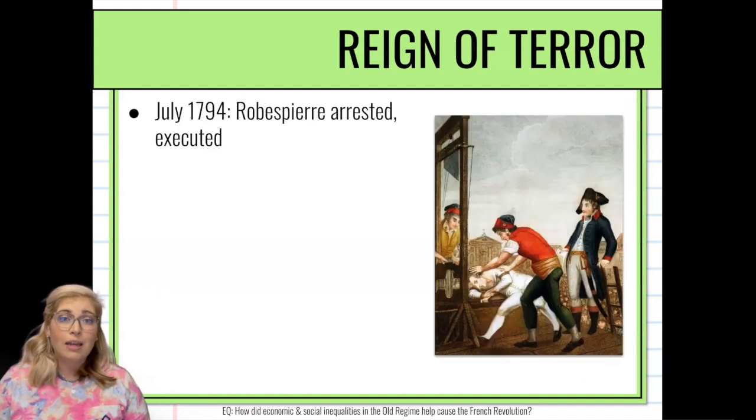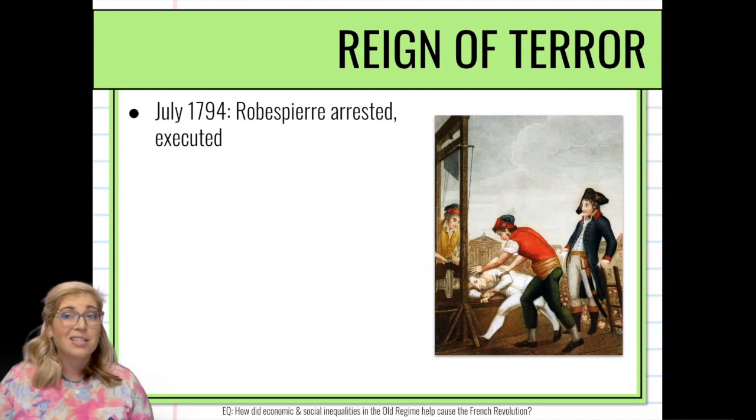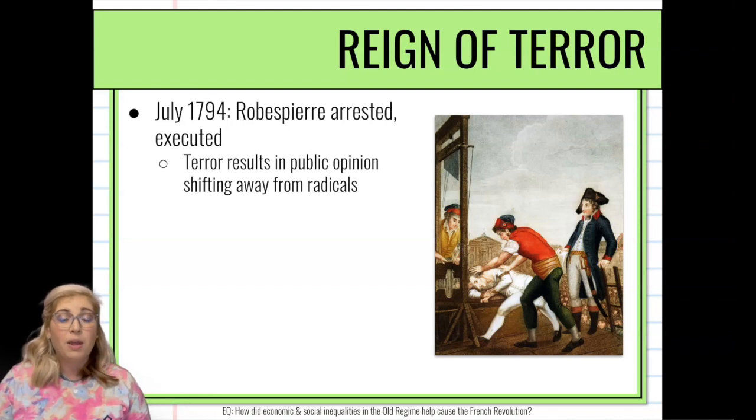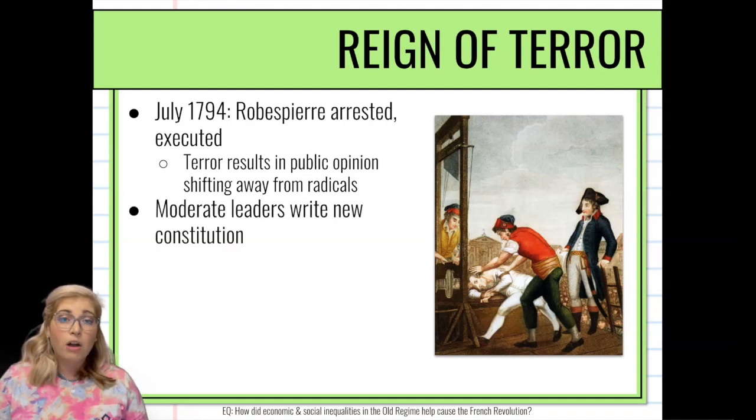After his reign, he is arrested in 1794. He's arrested and also executed by guillotine, and his Reign of Terror resulted in public opinion shifting away from those extreme revolutionaries and radicals. We have moderates that come in and write yet another constitution.